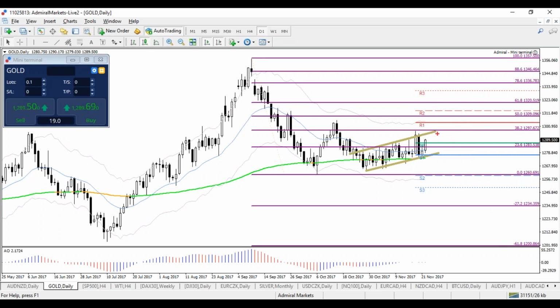So from my point of view, bounces here, here, here, here are all possible, and breakout here. Here, there was a bullish setup at the bottom, but not now anymore. That was yesterday.